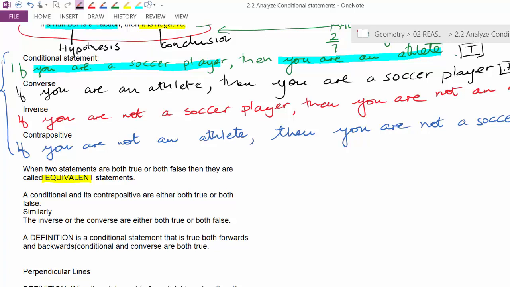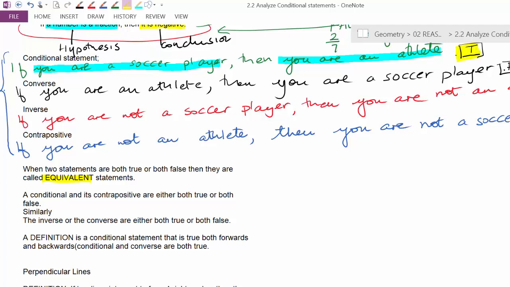So this is false also. The contrapositive, if you're not an athlete, then you're not a soccer player, is true.